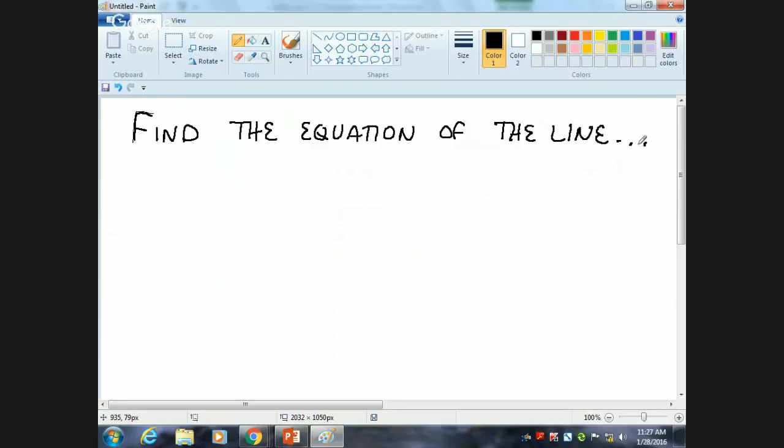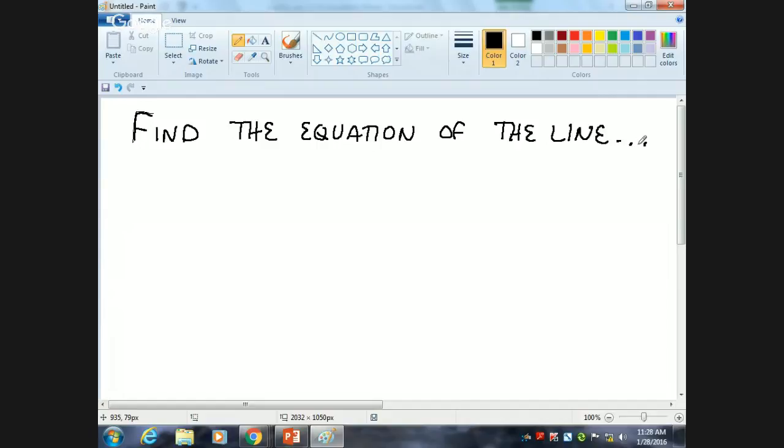It may be find the equation of a line containing these 2 points. It may be find the equation of a line that contains this point and this slope. It may be find the equation of the line that contains this point and is perpendicular to this other line. It may be find the equation of a line that contains this point and is parallel to this other line.